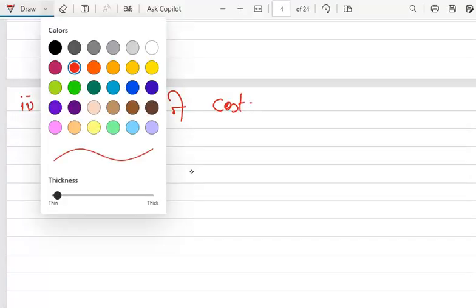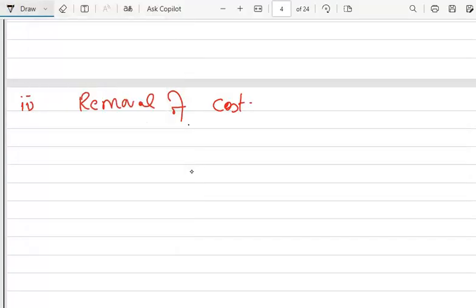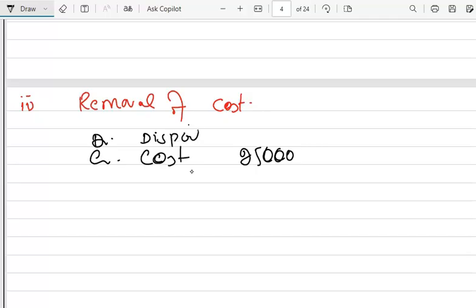We know cost by nature is debit, so if I want to remove it, I will record it as a credit. Credit will be cost, it was 25,000, and debit will be disposal of non-current assets.